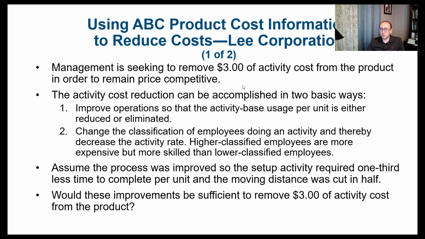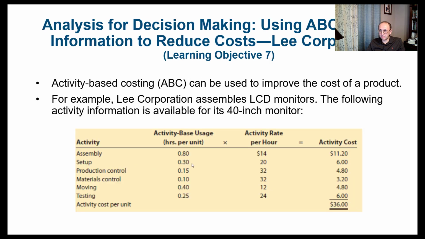Assume the process was improved so that the setup activity required 1/3 less time to complete per unit, and the moving distance was cut in half. If I go back to these numbers, the setup activity went down from 0.3 to 0.2, because 2/3 of 0.30 is 0.20.